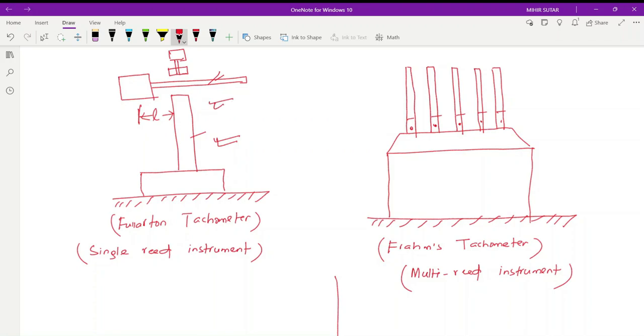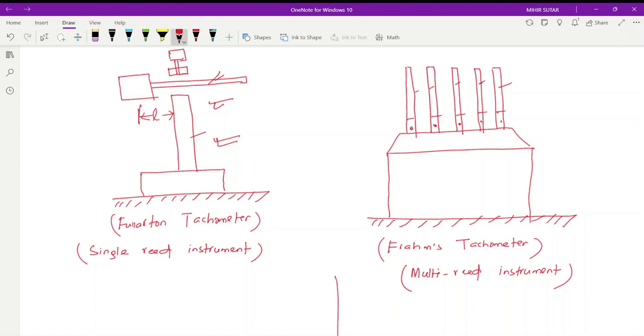In the case of this Franz tachometer, which is a multi-reed instrument, it consists of a number of reeds. You can see the number of reeds, which are fixed in the form of cantilevers and carry small masses at their free end.